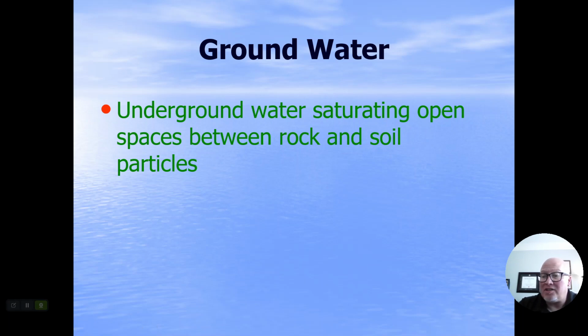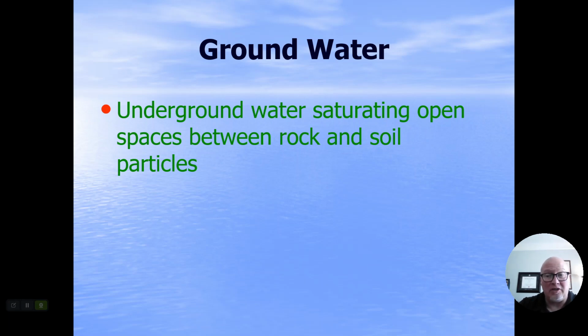Groundwater is that water that's underground. So a lot of places in South Georgia have surface wells very close to the surface, and artesian wells, so you can easily get groundwater to come up. But groundwater is underground water.